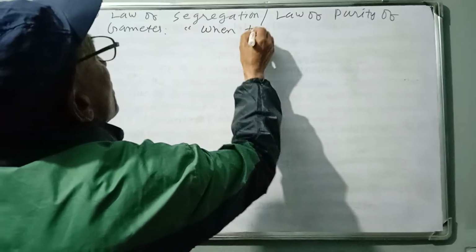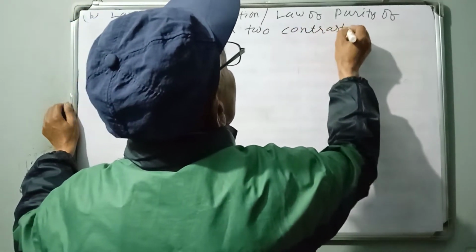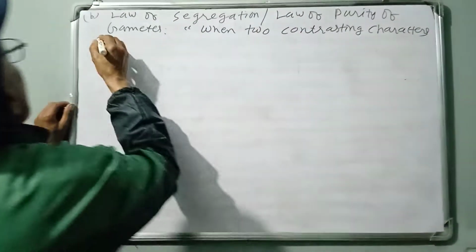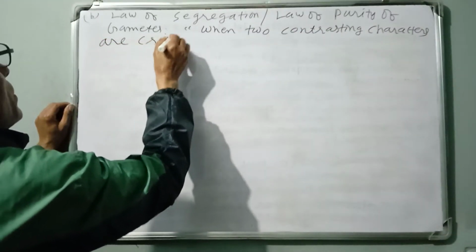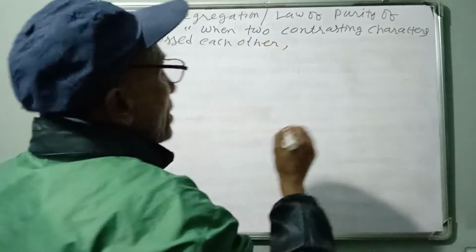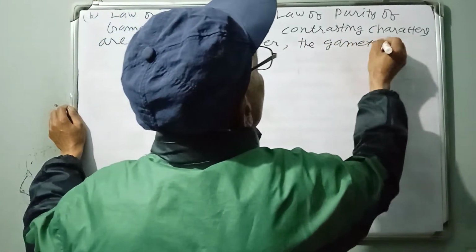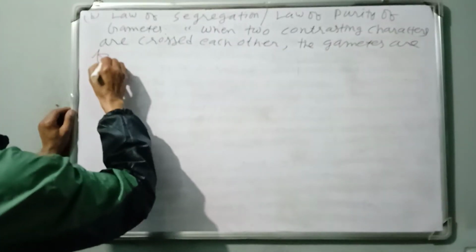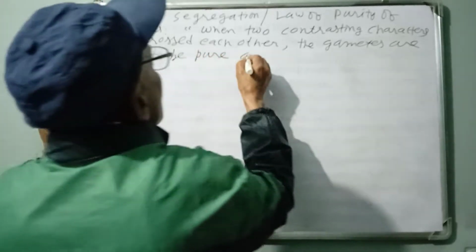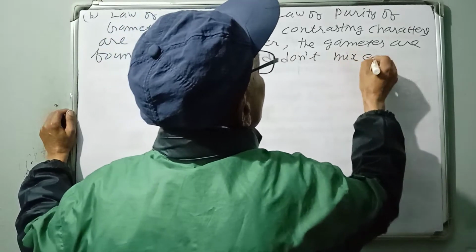When two contrasting characters cross each other, we find the gametes are found to be pure and don't mix each other.